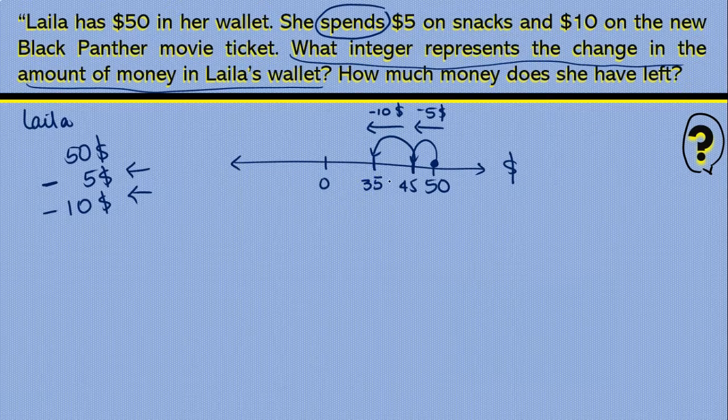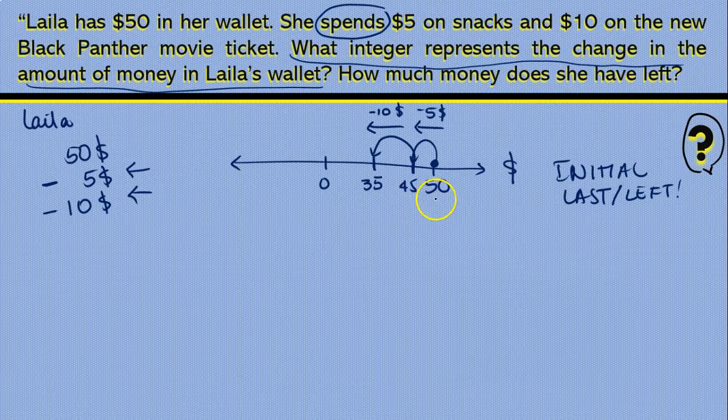When we're being asked what integer represents the change in the amount of money in Laila's wallet, we have to see the initial amount of money Laila had and the last register in our number line, which is going to be the same as the amount of money that Laila has left.